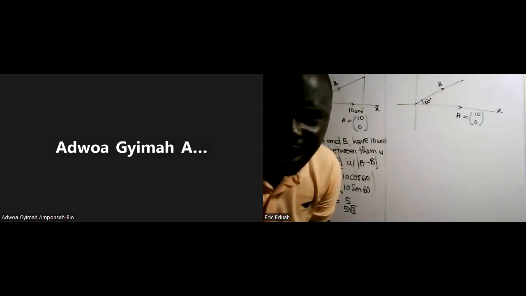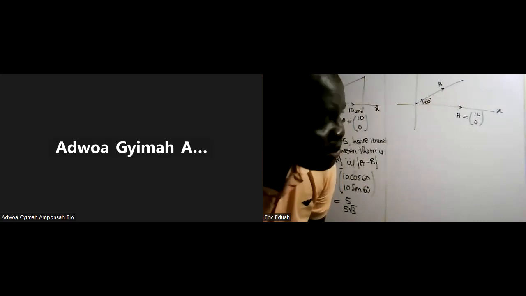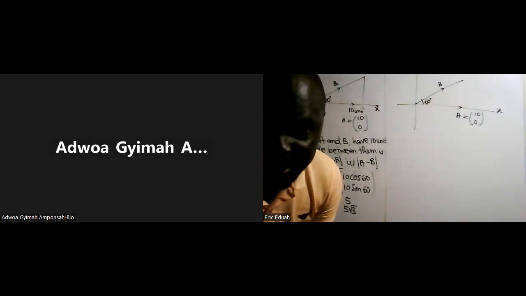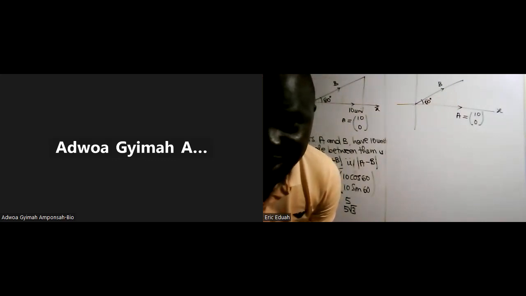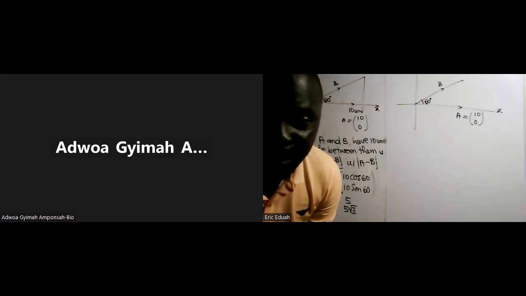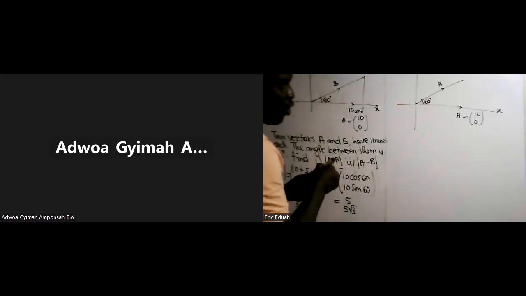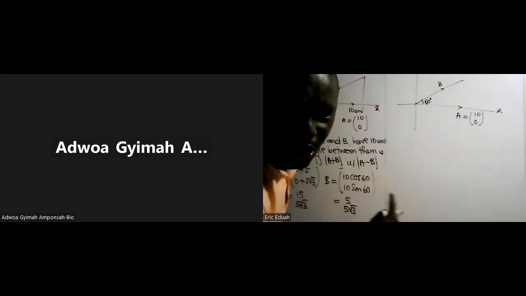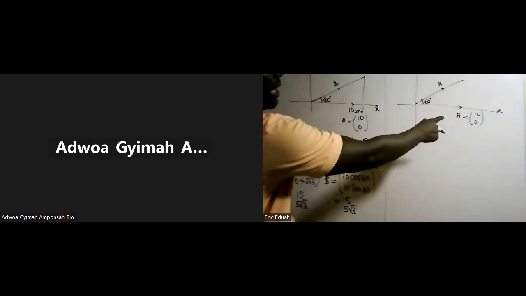But the question is, what angle does B make from the X axis? I want feedback. 60 degrees. Good. So B is 60 degrees from the X axis along which A is.